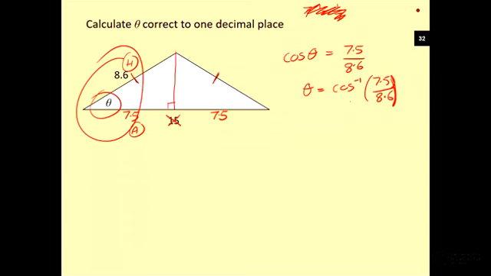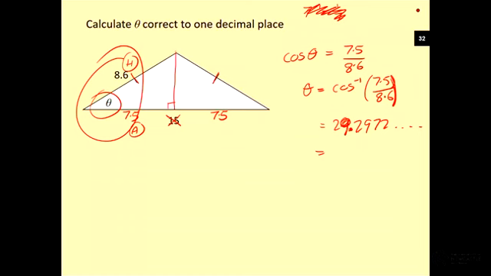Cos inverse of 7.5 on 8.6. Cos inverse 7.5 divided by 8.6 equals, it's spitting out 29.297 and all that. We just want correct to one decimal place, so I don't need to convert to degrees, minutes, seconds, just degrees will do.